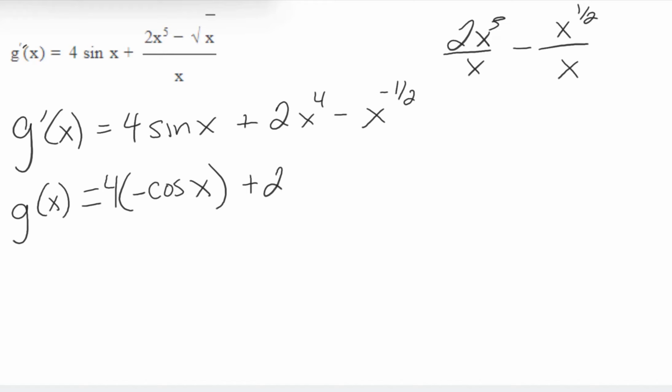So the 2 stays. Now what happens to the x to the 4th? The 4th becomes x to the 5th, and that will be 2/5 x to the 5th. So x to the 5th, and then I divide by 5, right? Because I do 4 plus 1. Okay, minus.